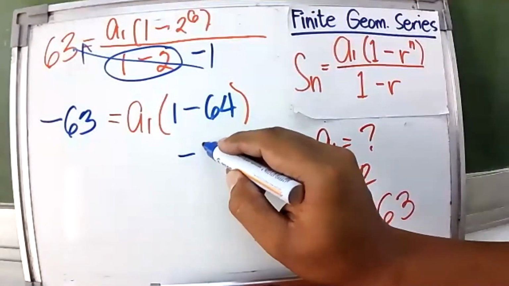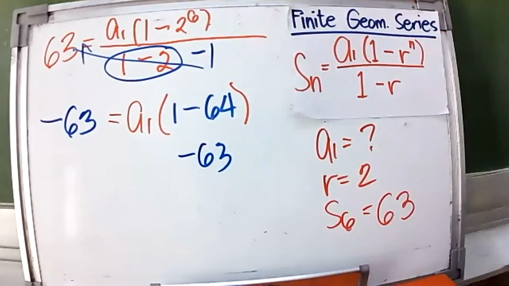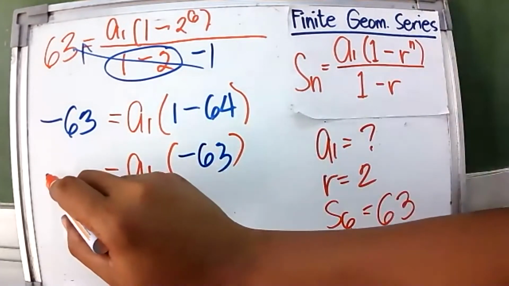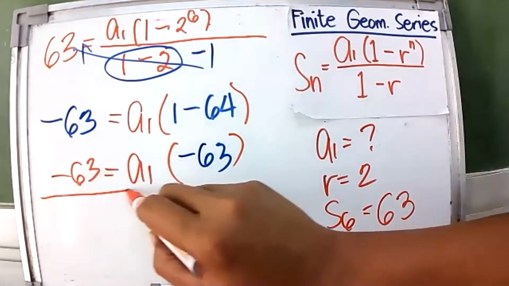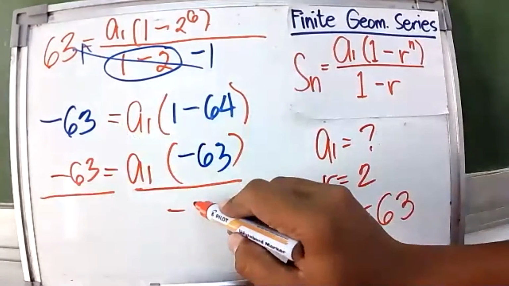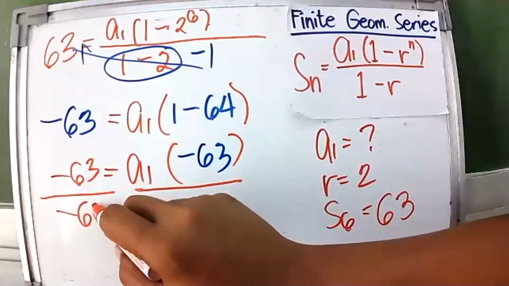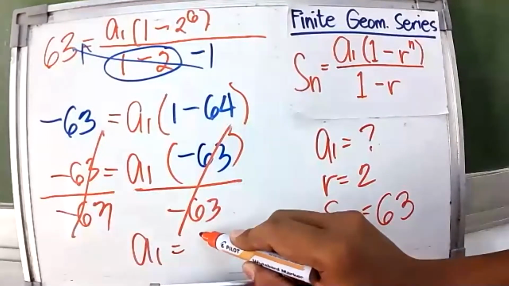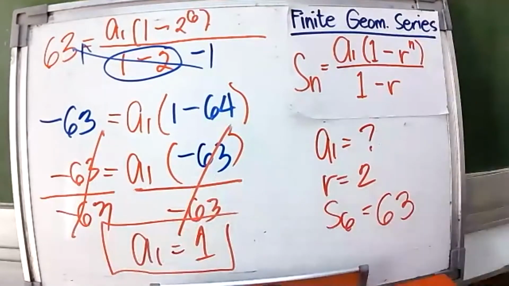So that is negative 63 here, multiplied by negative 1, by A sub 1, is equal to negative 63. Divide both sides by negative 63. A sub 1 is equal to 1. Okay? So that's it.